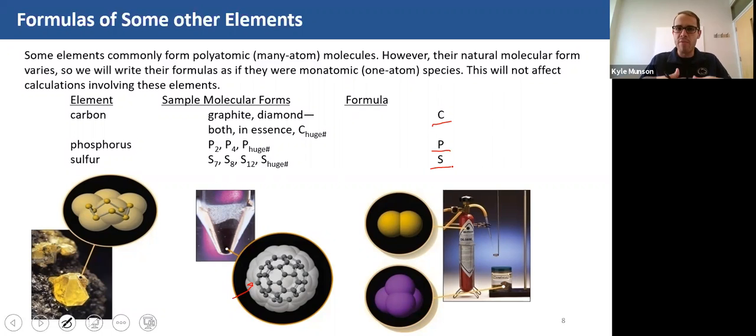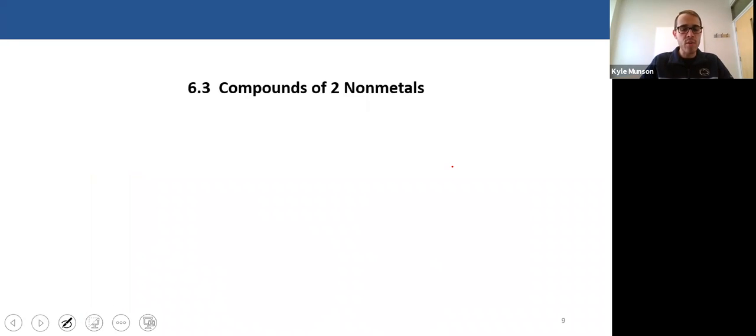But this is just to make you aware that in nature, these elements exist in many different polyatomic forms. So don't worry about it when you're writing down the chemical formulas for these. Just treat them as if they are monatomic, one-atom species. The diatomic molecules are the ones that you have to worry about. So that's it for that section.